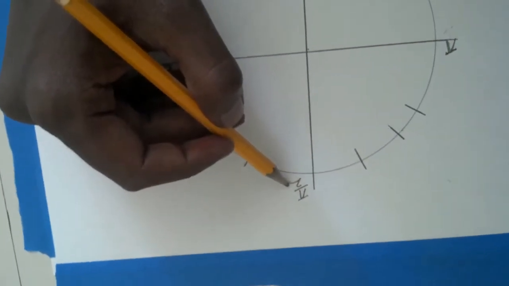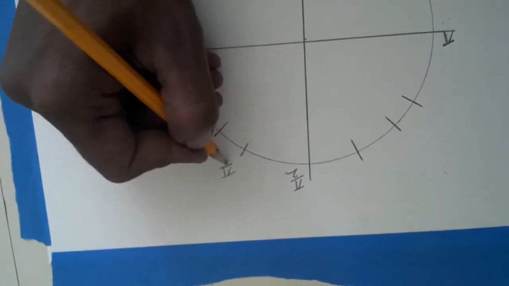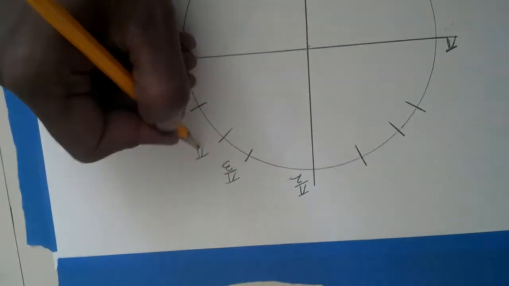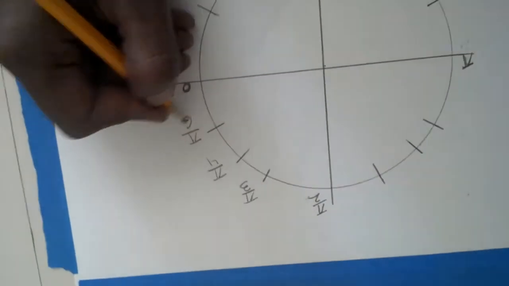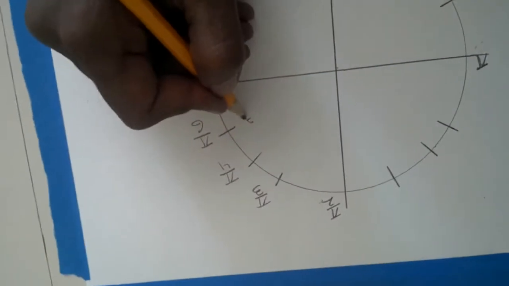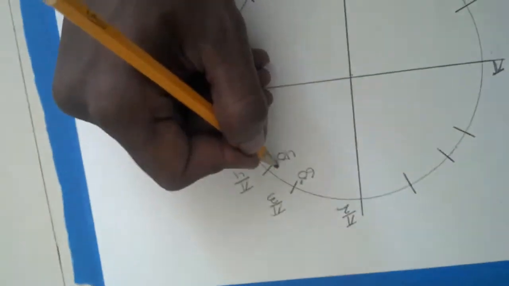After your 2 pi, or pi divided by 2, I start with pi divided by 3, pi divided by 4, and pi divided by 6 for my 30, 45, and 60 degree.